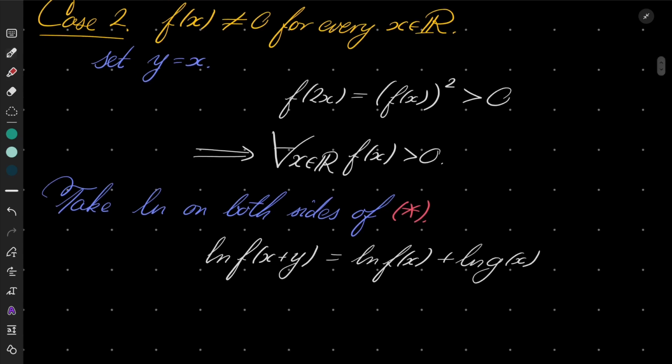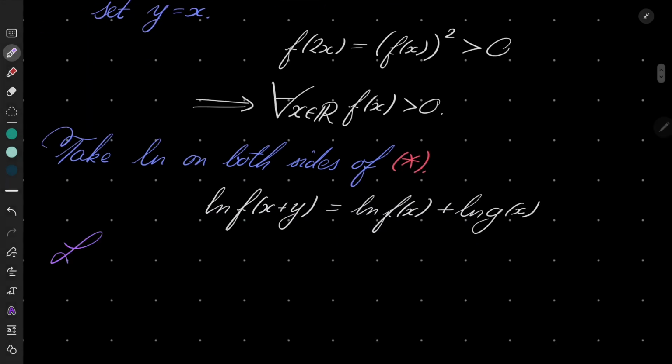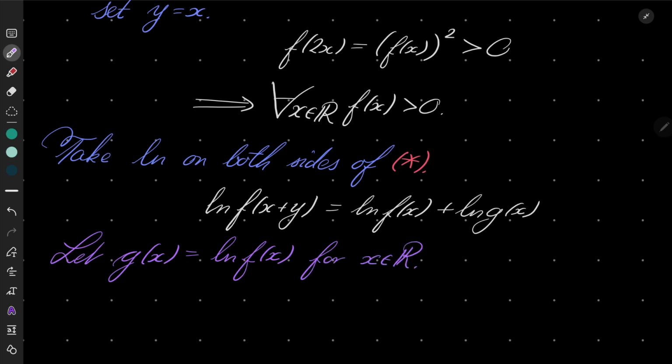And then let's make a nice substitution. Let g of x be equal to natural log of f of x for every real number x. Notice that we have just the Cauchy functional equation: g of x plus y equals g of x plus g of y.